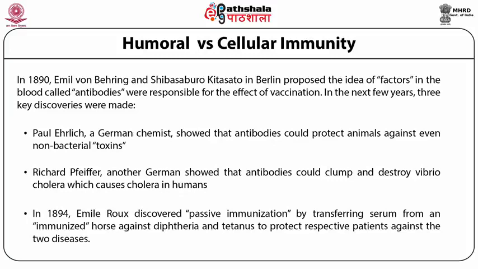In 1894, Émile Roux discovered passive immunization by transferring serum from an immunized horse against diphtheria and tetanus to protect respective patients against the two diseases.